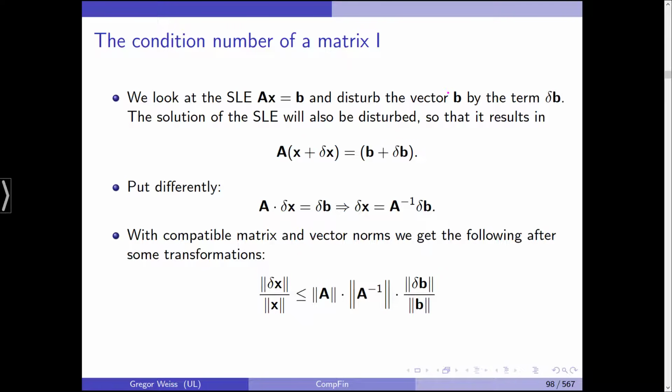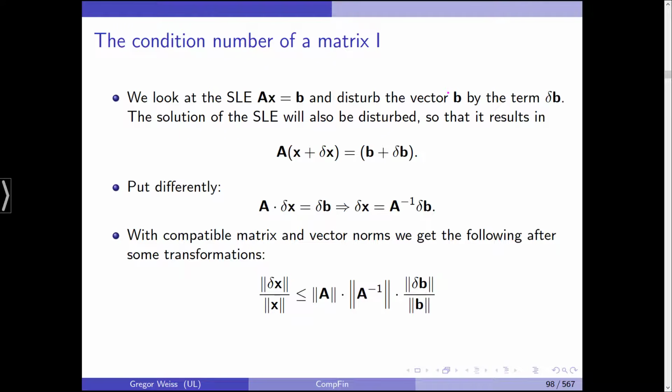So in this case, we have X plus delta X. Put differently, we have A times delta X equals delta B. And this can also be written as delta X, so the change in our output, the solution we are looking at, is given by A inverted times delta B.